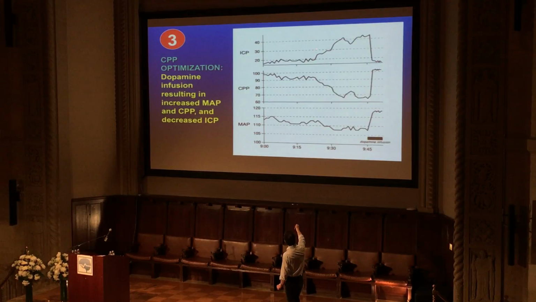And as ICP goes up to 40, that's a plateau wave. The CPP goes down to 70, which ought to be okay, right? But this is an ICH. And then I start dopamine, raise the MAP, raise the CPP, vasoconstriction, reversal of that vasodilation, bang.